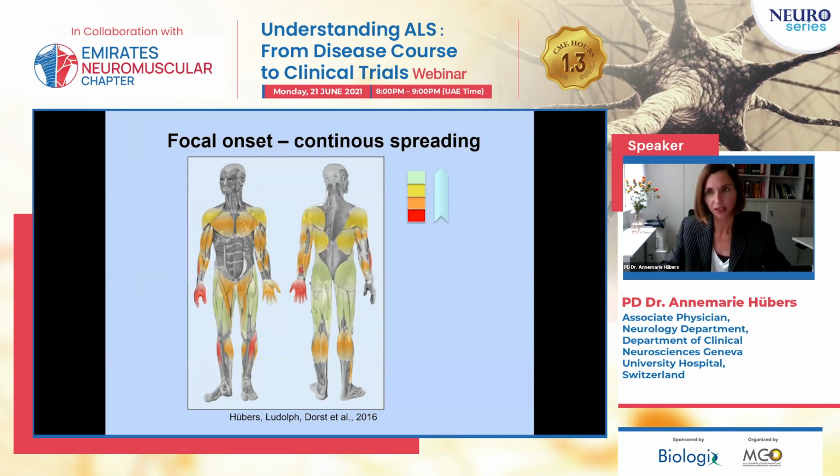Only in the evolvement of the disease course, you may see that other muscles are affected in a more general manner. And that's also one of the reasons why this disease is still so difficult to detect early.